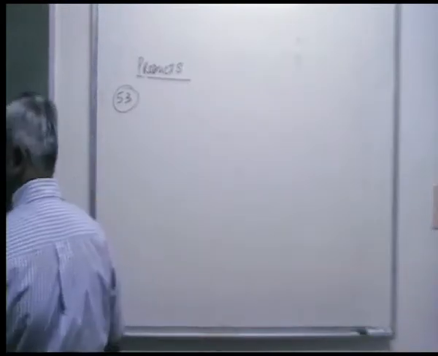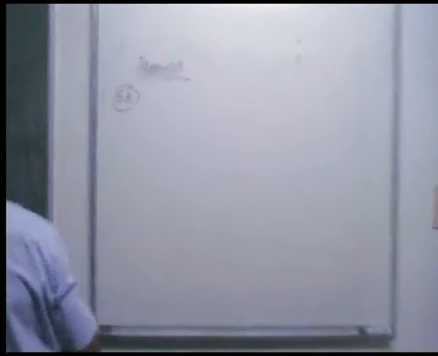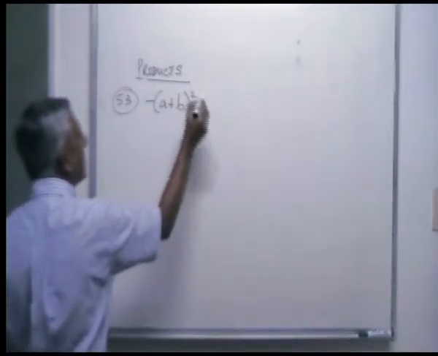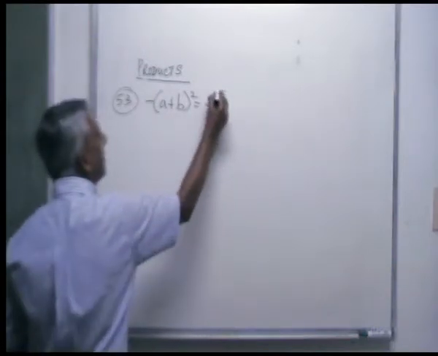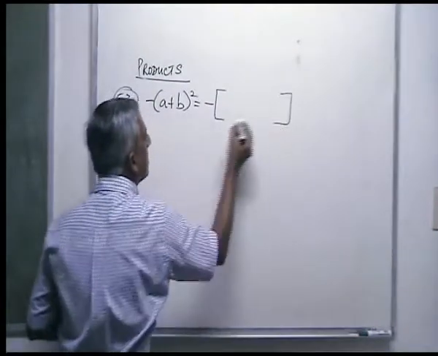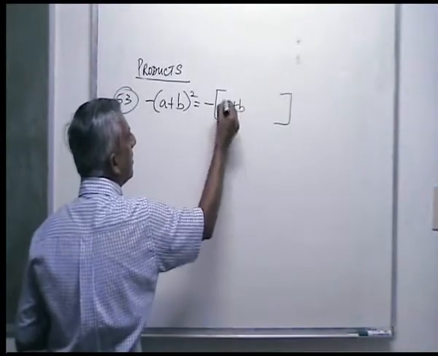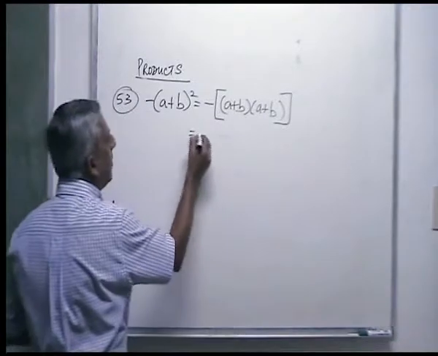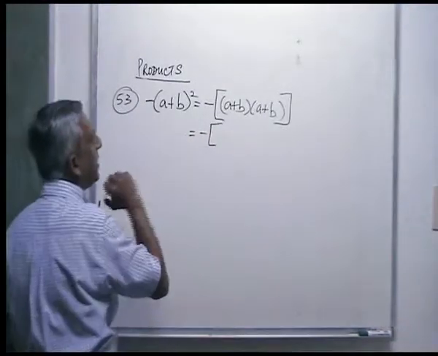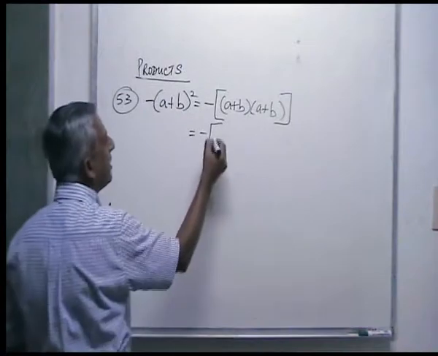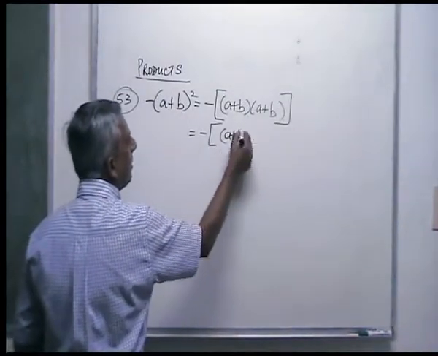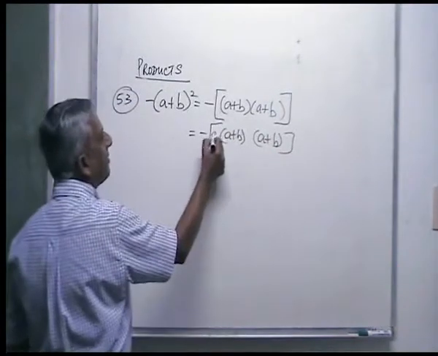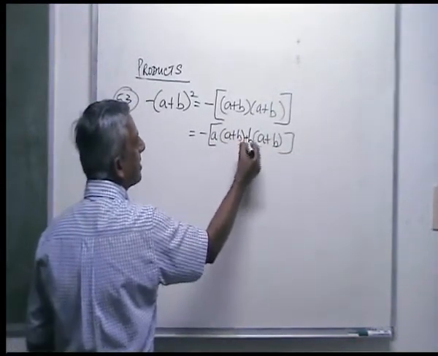Okay, we are at 53. Minus into a plus b all squared. So this minus, we have to square first. So it will be a plus b into a plus b. There's the minus. Just bring the minus 1 down. Minus means minus 1. And here you'll have a plus b, and in the front here you got a, and here you got plus b.